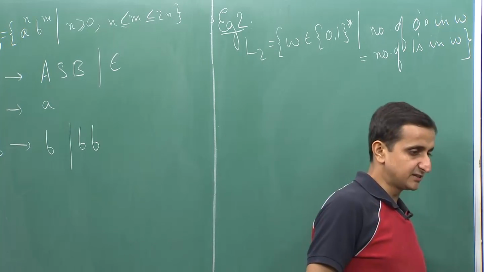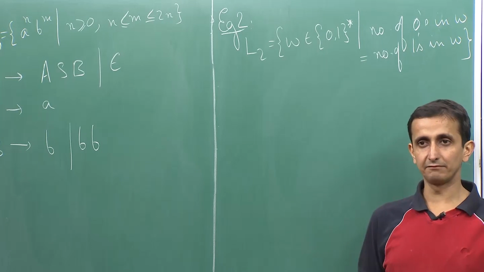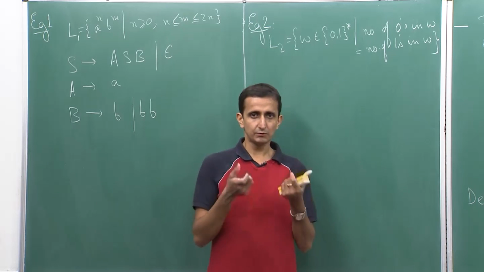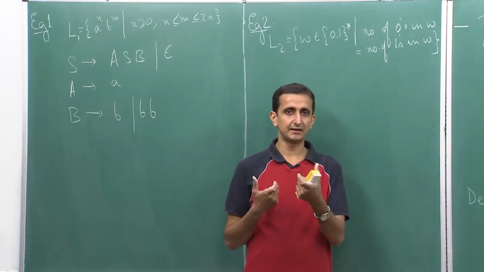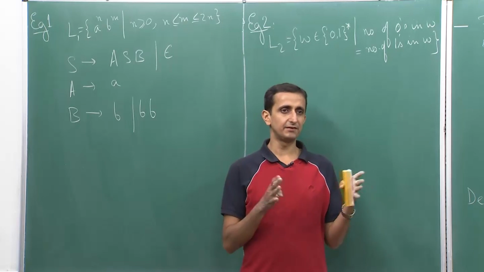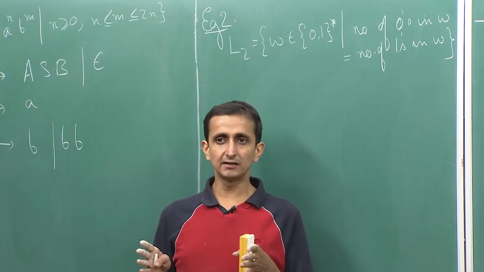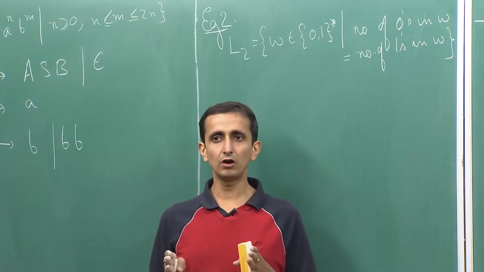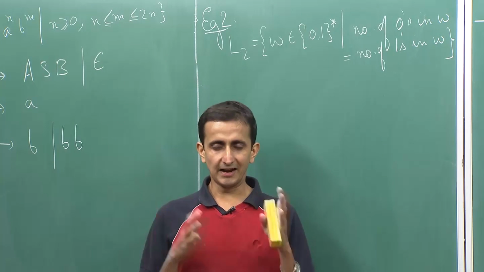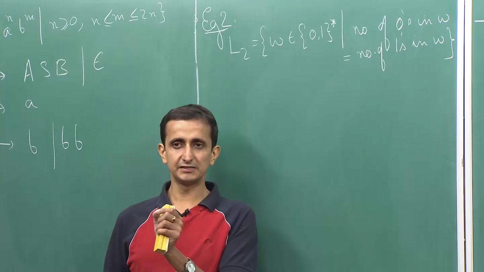Before proceeding to create a grammar for this language, let us try to understand the intuition. When I look at a string which has an equal number of zeros and ones, firstly I can divide this into two cases. Either the string starts with a 0 or the string starts with a 1. Suppose the string starts with a 0.